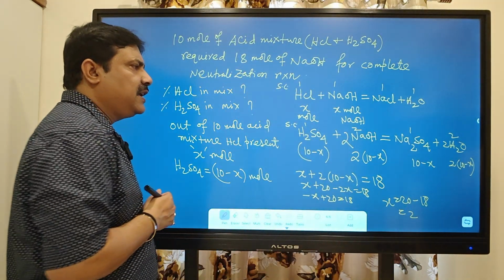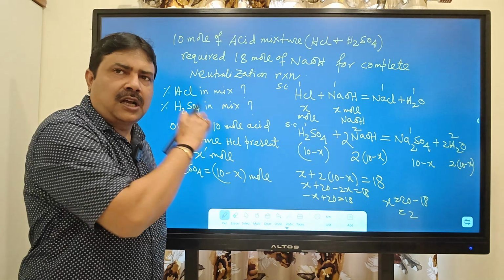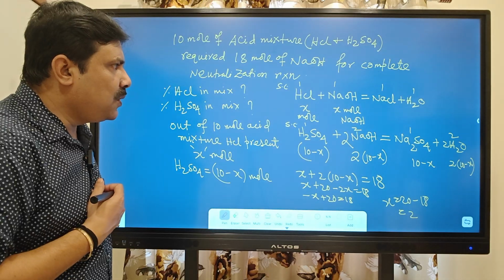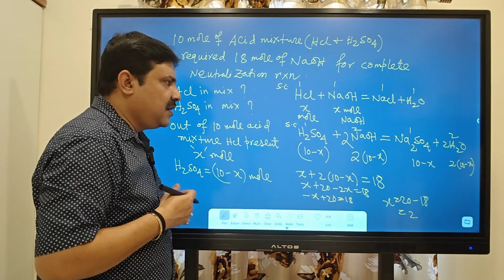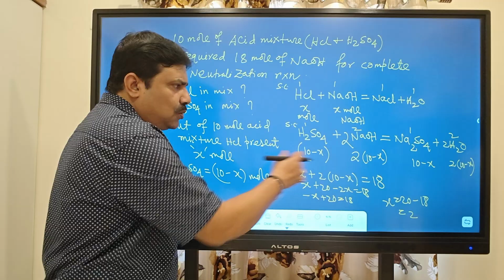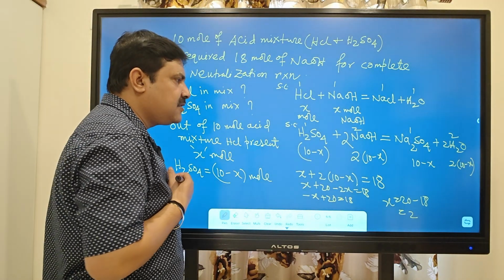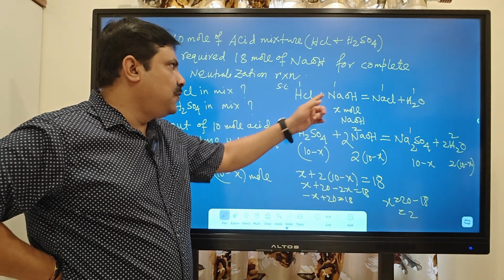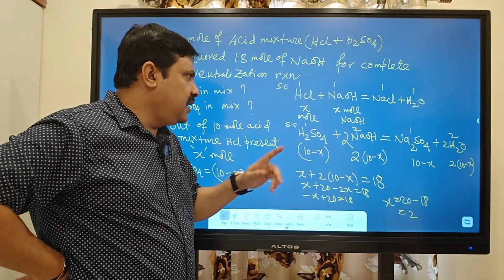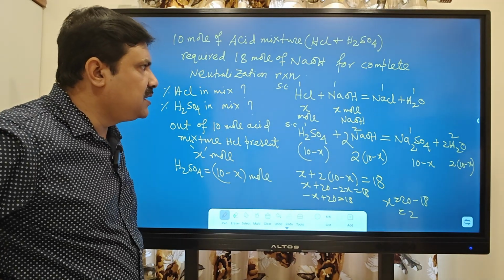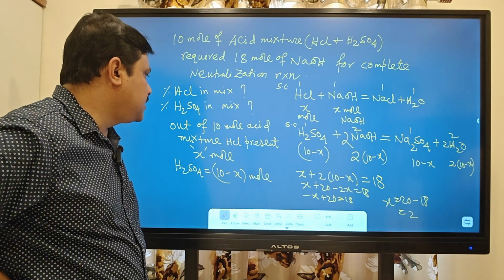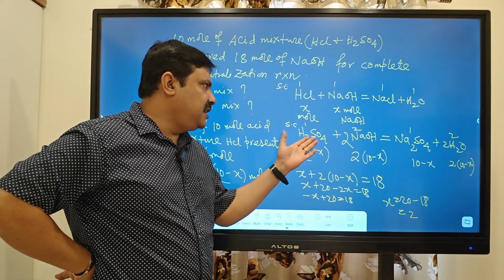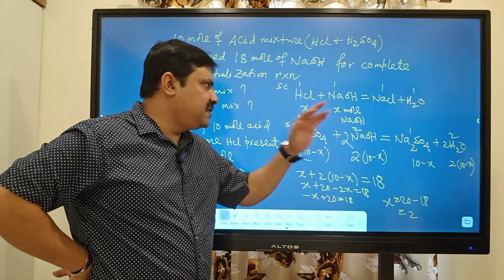So out of 10 moles, the value of x is 2 moles. How are we getting this? The total consumption of NaOH is x moles reacting with HCl, and 2 into (10 minus x) reacting with H2SO4. Here the basicity of H2SO4 is 2, while the acidity of the base is 1.